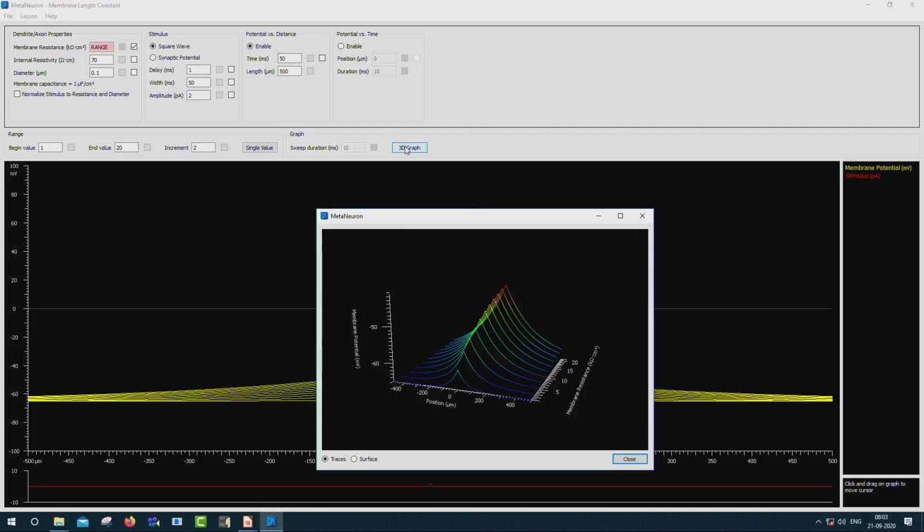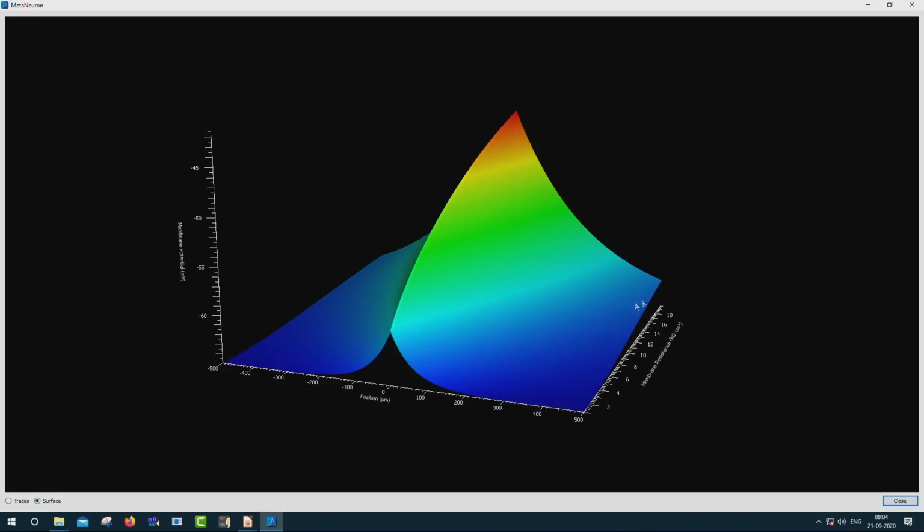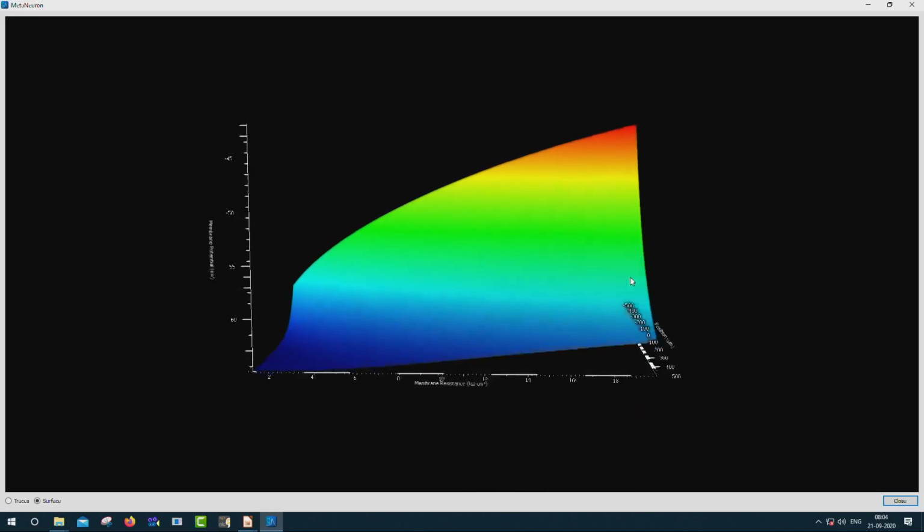We can do a 3D graph, and this is the lowest, and then it keeps rising. You can see the effect of the exponential decay, how the lambda changes, and again we can use a surface plot if you like, and turn it around, look around.